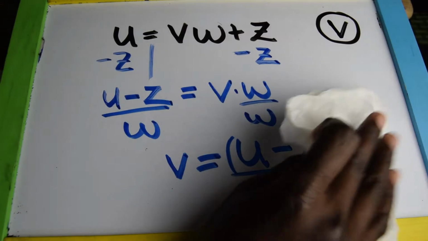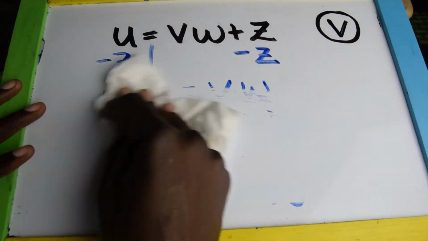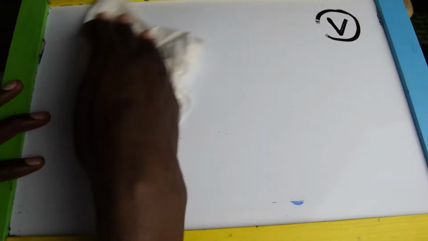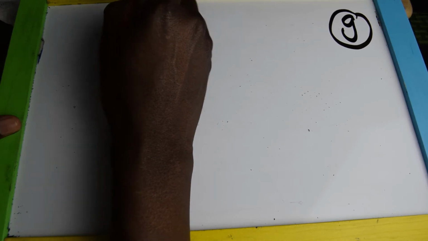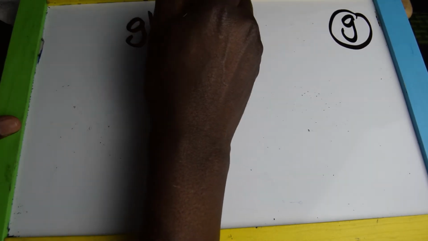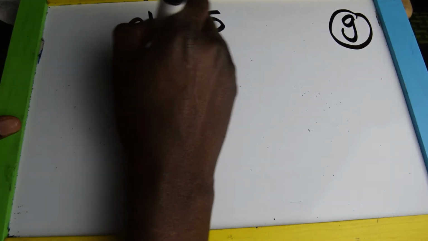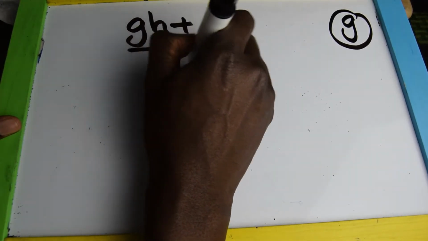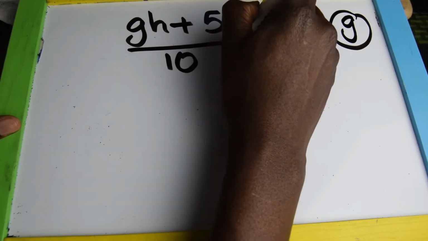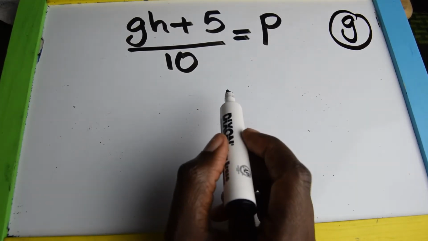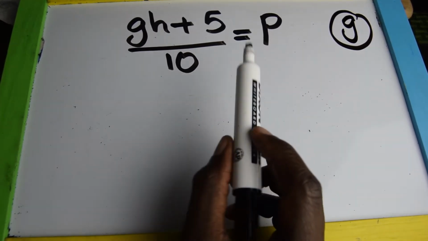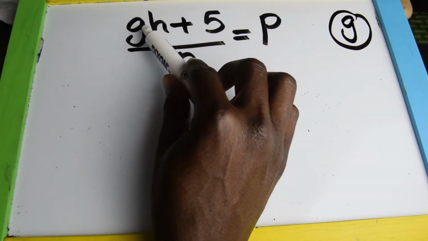Number 2, you're told to solve for G. Solve for G when GH plus 5 all over 10 is equal to P. G is hidden here.